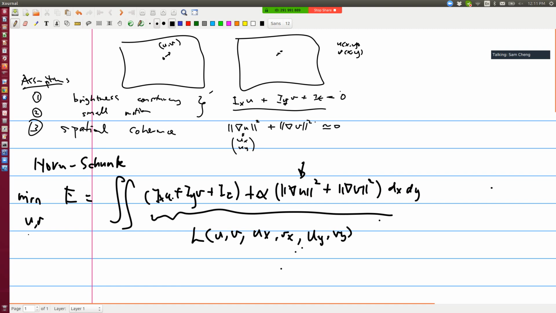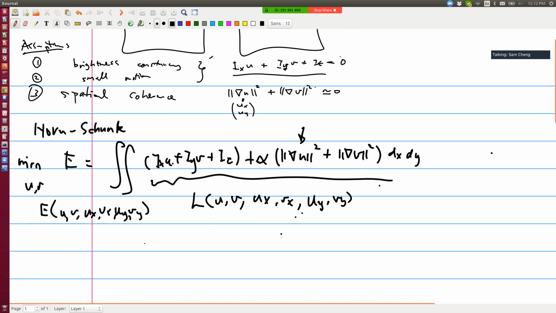And I want to minimize over UV, but Ux, Vx, Uy, Vy also depend on UV. I can think of the whole thing as all independent variables. Then I can take a partial derivative. Therefore E is also a function of all these: U, V, ux, vx, uy, vy.